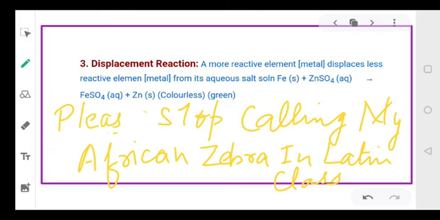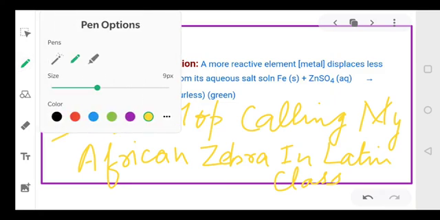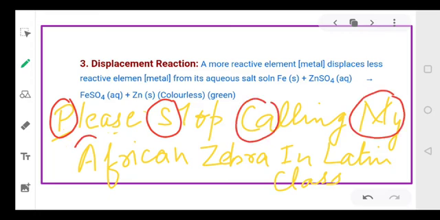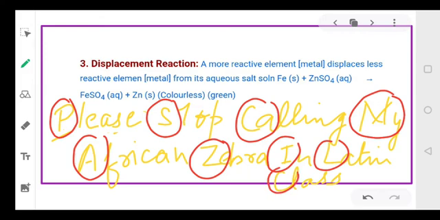So P means potassium, S means sodium, Ca means calcium, Mg means magnesium, then aluminium, zinc, iron, lead and copper. So please stop calling my African zebra in Latin class.